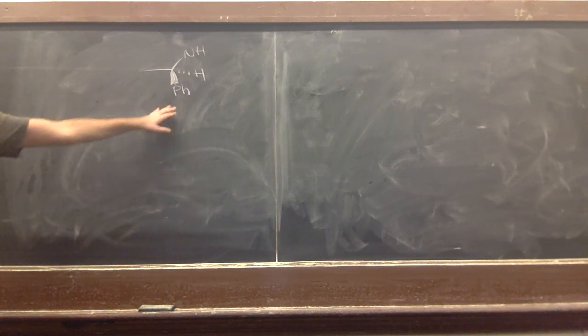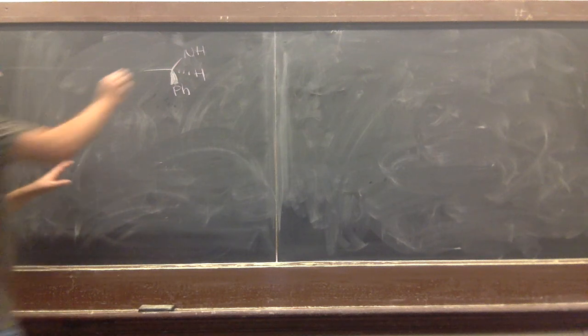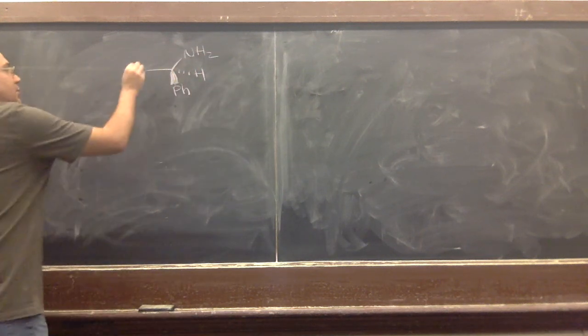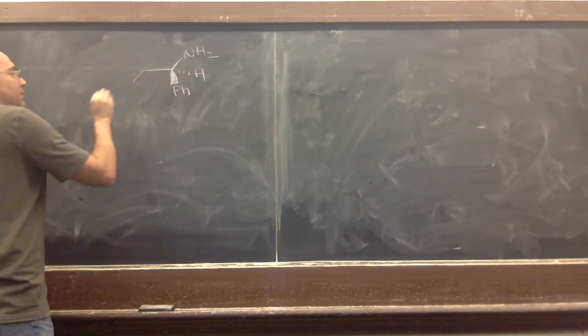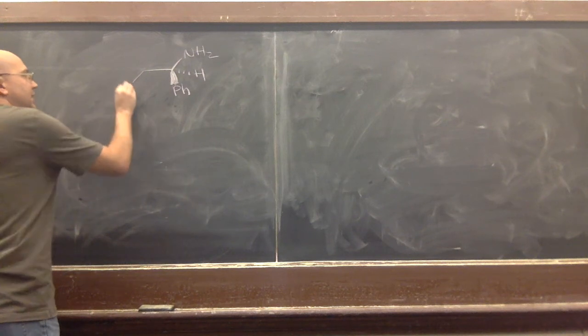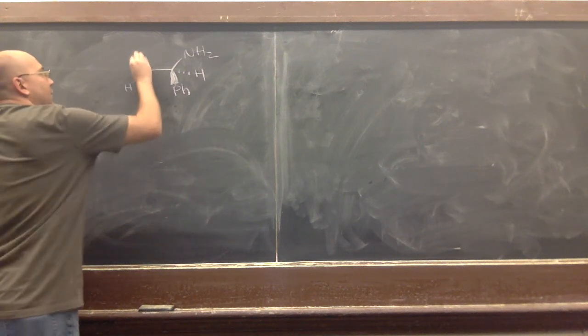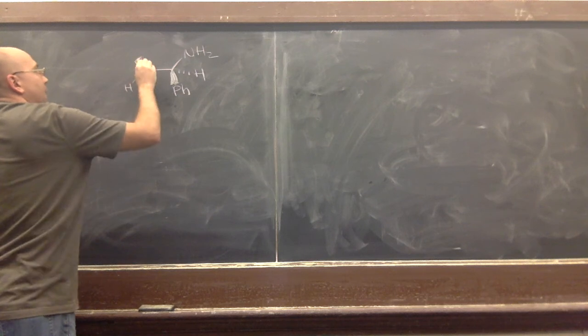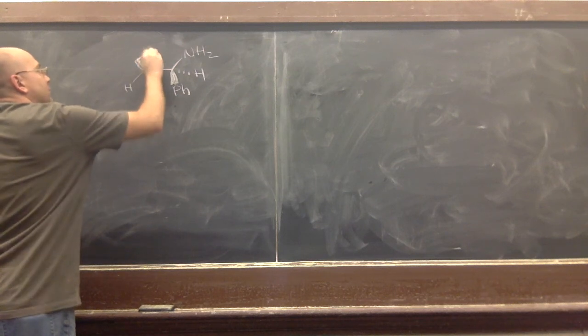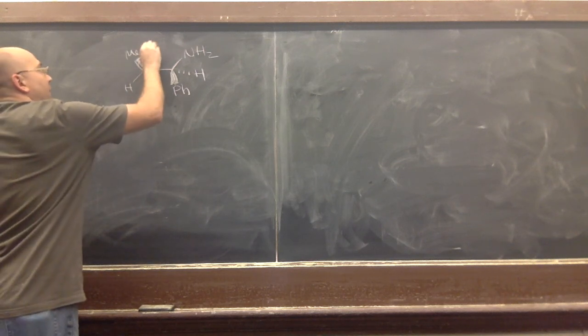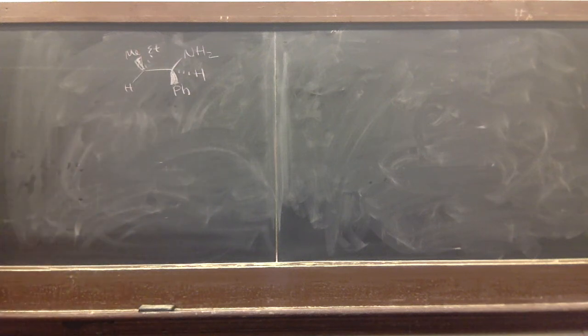So I'm going to put a phenyl group there. That's NH2, thank you. It's going to be NH2, and just to make this easy, I'll keep everything in the plane of the board for now. And I'll stick with what we had before, a methyl and an ethyl group, okay?